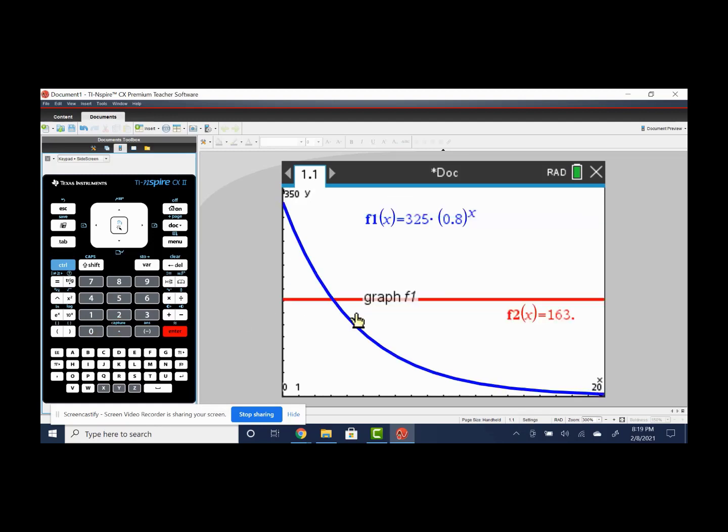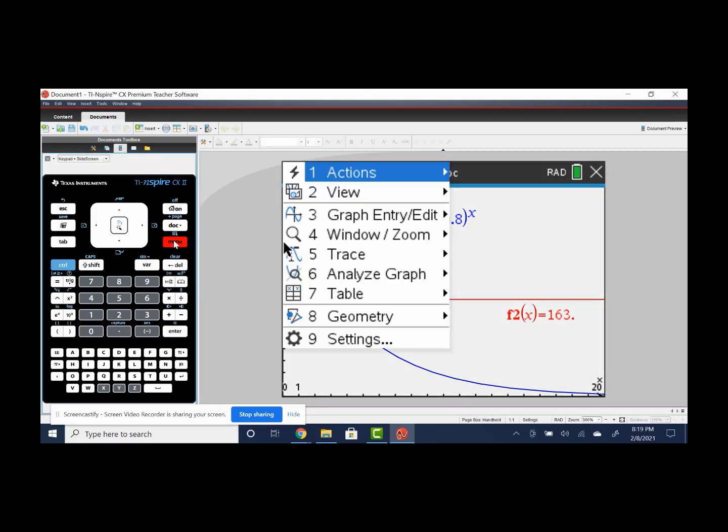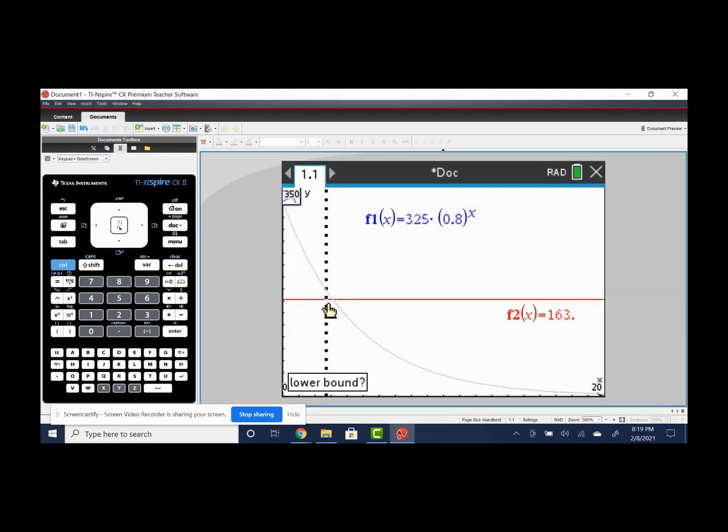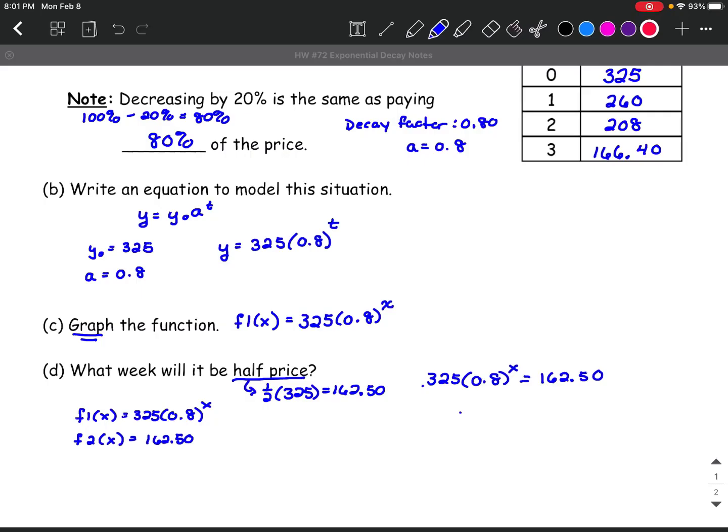We can see that the two graphs intersect. So if we want to find the point of intersection, we go to Menu, Analyze Graph, Intersection, go to the left for a lower bound, the right for an upper bound, and here we have our point of intersection. So that would be 3.11. Okay, so according to our calculator, the item will be half price at the week 3.11.